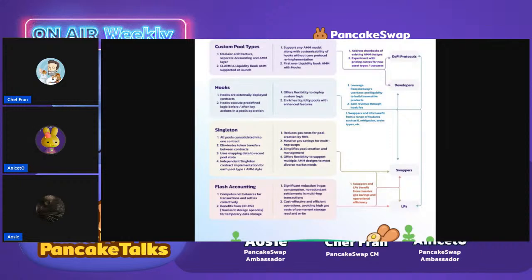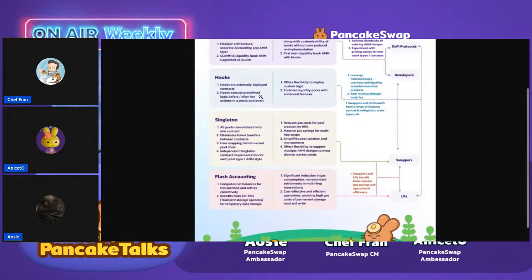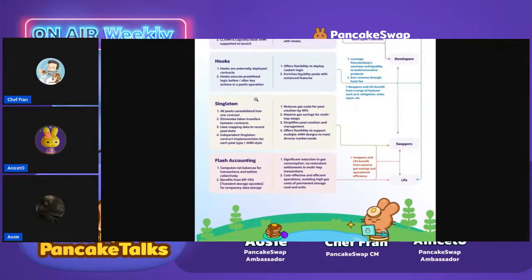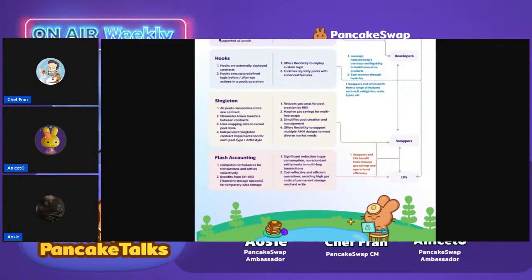Well, a hook is a feature, as they are smart contracts. They are easily deployable, so they can be built with code, like Aosie will show later, and they execute predefined logic. Different examples can be only users that have done certain things, or only people that have this NFT, or only people that did these tasks, whatever, can add liquidity to a certain pool, things like that.